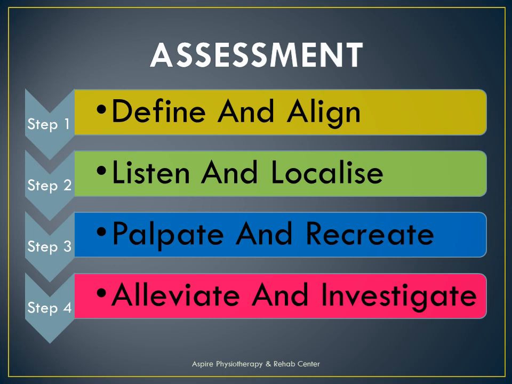Then listen and localize. Step 2 is listen and localize. So listen to the patient's history, their site of pain generation, and localize that site according to your groin triangle. Palpate and recreate. So you're going to perform a few tests and try to recreate the pain. Elevate and investigate.